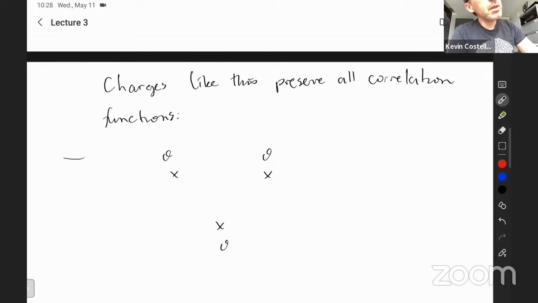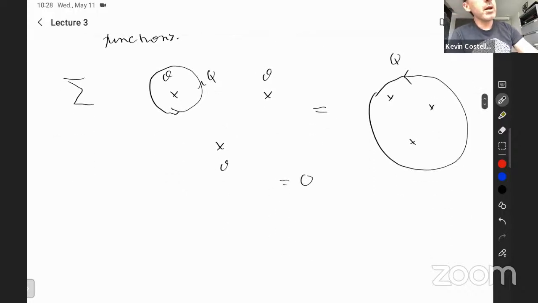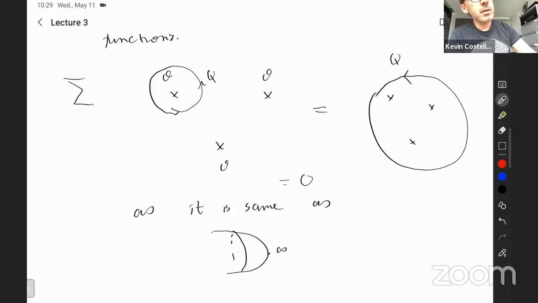And if I sum over integrating a charge around the local operators, that's going to have the same effect, by a change of contour argument, as integrating the charge around all of them. That's going to be 0, because it is the same as integrating my charge against the vacuum at infinity.